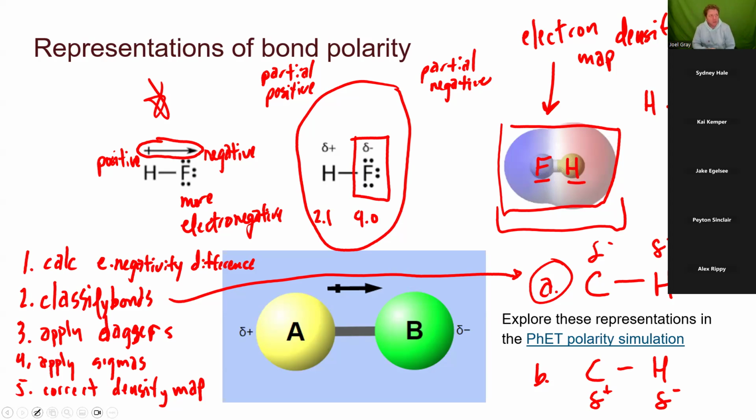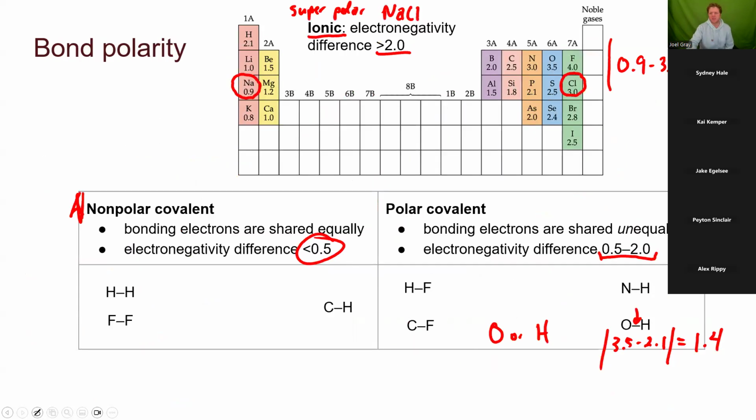And if you're thinking, ooh, is that all? That's pretty much it. And I know that simplifies it, but I feel like these questions are a progression where I ask you, well, what's the electronegativity difference? In order to calculate that, I'm going to give you a chart that looks a little bit like this. So you'll be able to calculate that based on the two atoms that are in the bond.